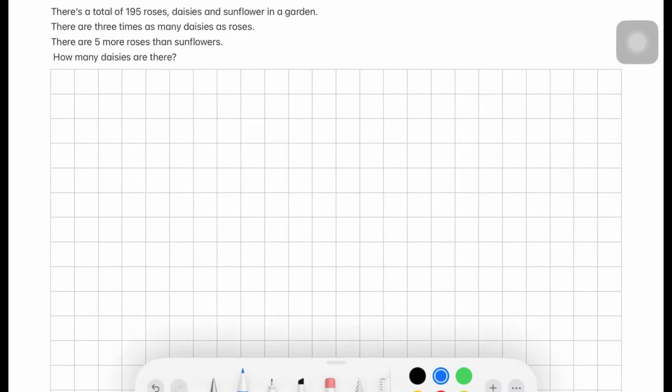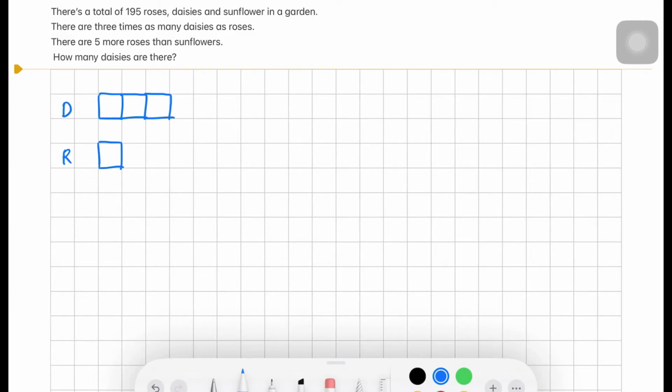So when we say 3 times as many, one quantity here or one object here will have 3 units or 3 boxes. So what is that? It's the daisies. So the daisies, 3 times as many as the roses. So the roses will have 1 unit.